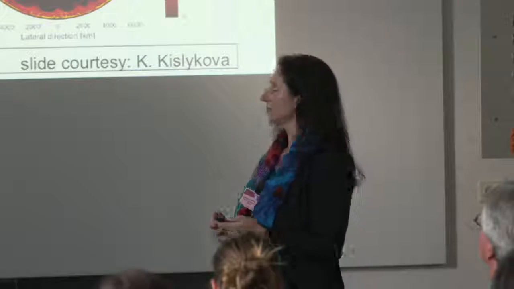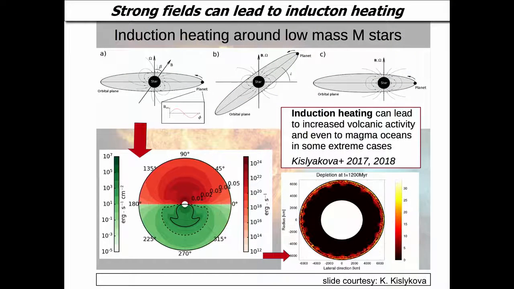This magnetic field can induce additional heating in the planet, which will make it difficult for the crust to solidify, which is of course very important to get a habitable planet. It can also lead to increased volcanic activity and even to magma oceans in some extreme cases. So it is possible, according to studies, that the surface of such a planet around an M dwarf with a strong magnetic field can maybe never solidify in the end.